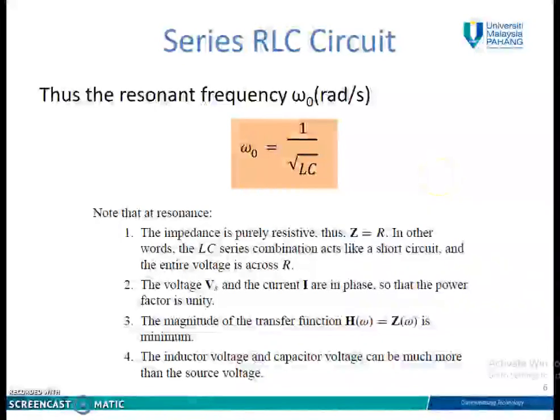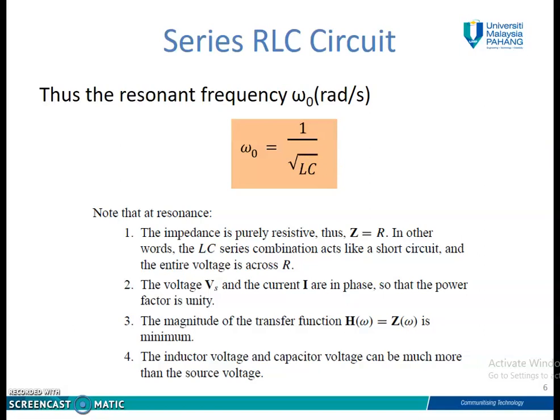From the previous derivation, the resonant frequency omega naught is equal to 1 over square root of LC in radian per second. Okay, note that at resonance, the impedance is purely resistive.